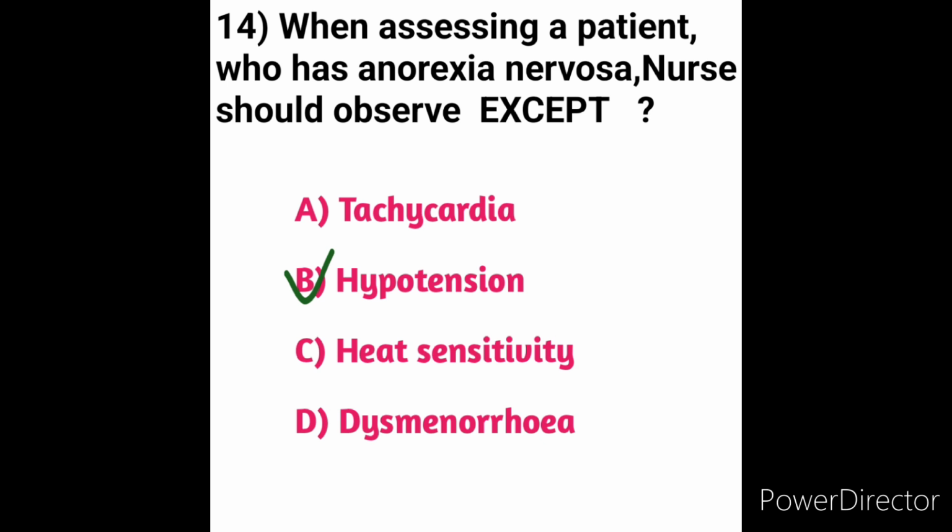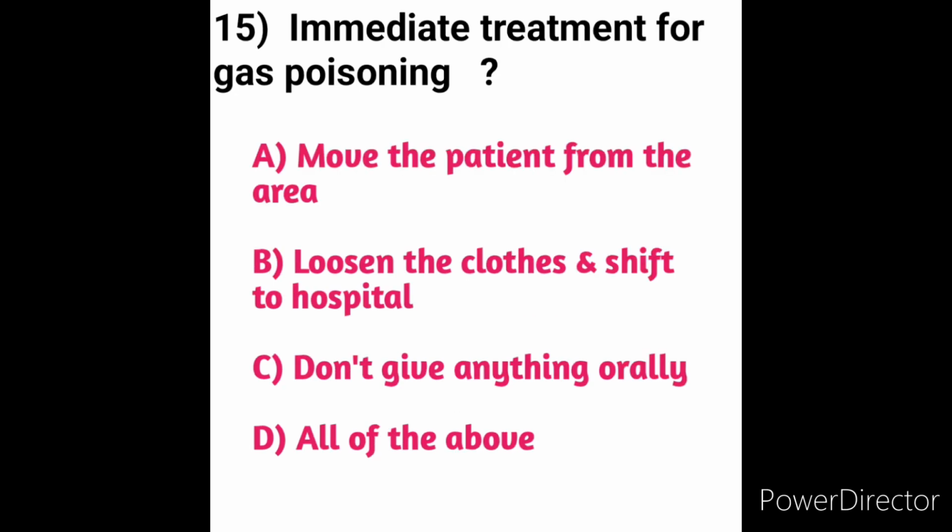When assessing a patient with anorexia nervosa, the nurse should observe tachycardia, heat sensitivity and dysmenorrhea. These are all signs and symptoms of an anorexia nervosa client. So option B, hypotension, is the exception. Next we will move on to question number 15.